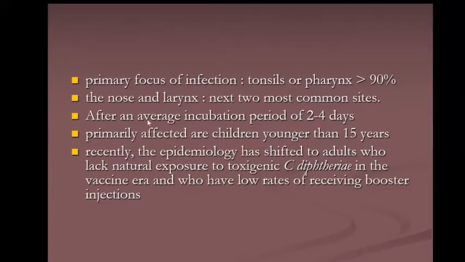Then there is a short incubation period of 2 to 4 days, and children younger than 15 years are susceptible to the infection. And with vaccination, there may be a change in the epidemiology, and it might affect the older age groups.